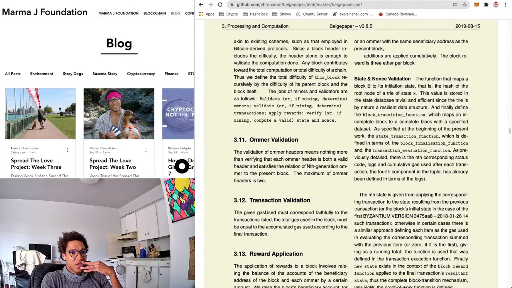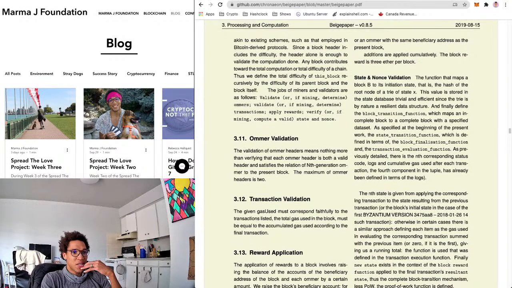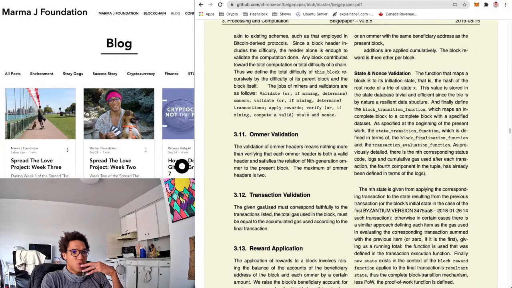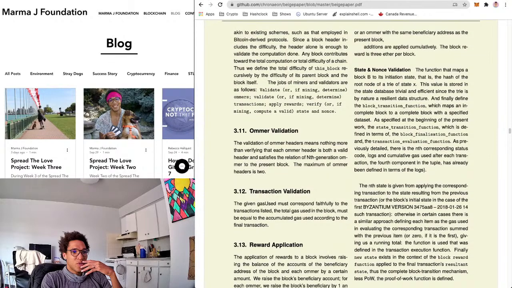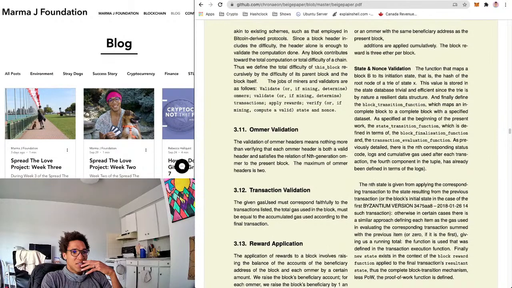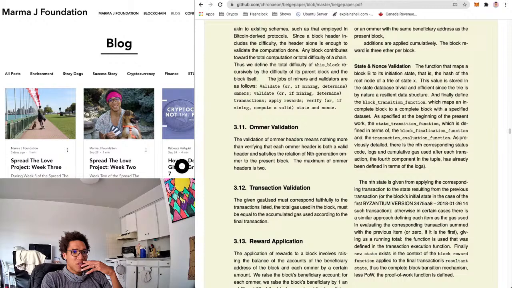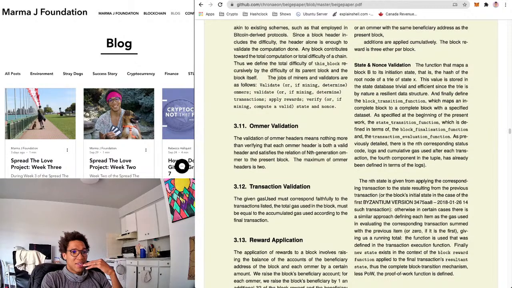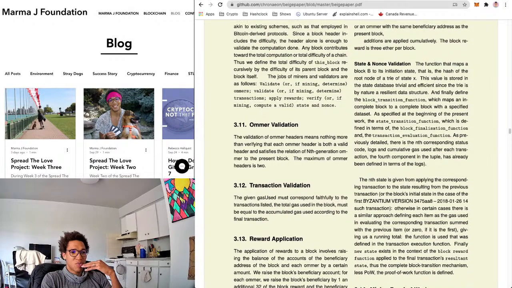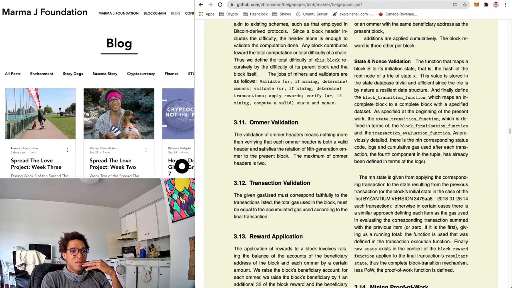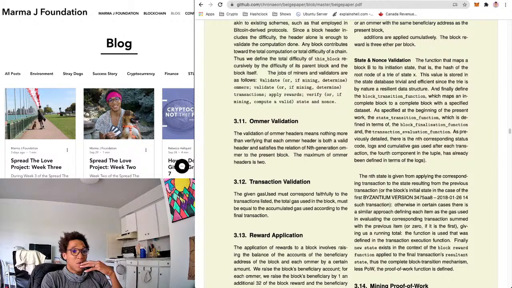State and nonce validation: the function that maps a block B to its initialization state, that is the hash of the root node of a tree of state X. This value is stored in the state database, trivial and efficient, since the tree is by nature a resilient data structure. And finally, defined by the block transition function, which maps an incomplete block to a complete block with a specified data set.